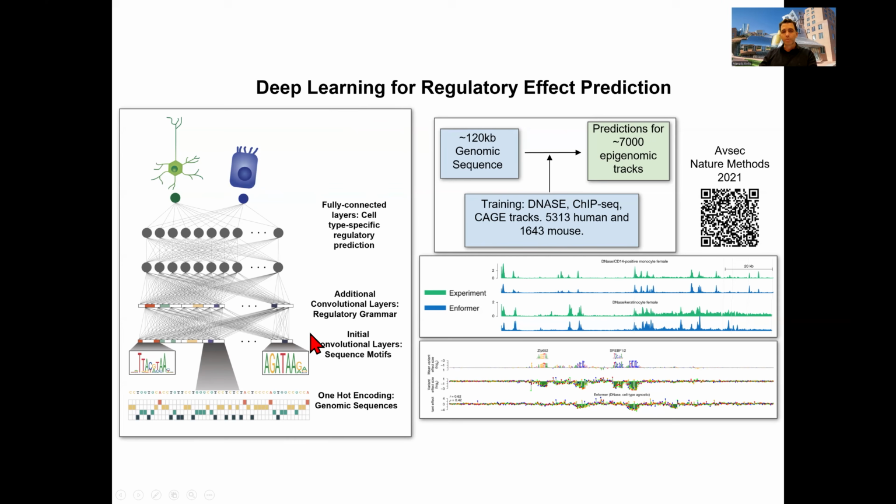And you can build such a predictor that tells you, can I predict the epigenomic activity simply based on primary sequence?